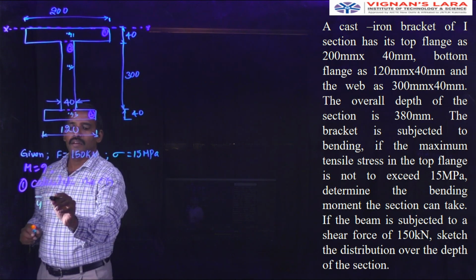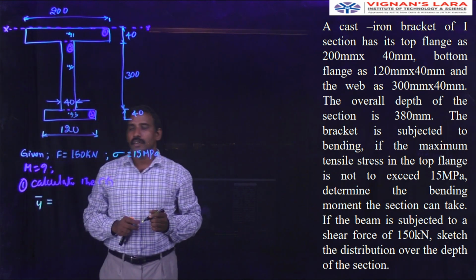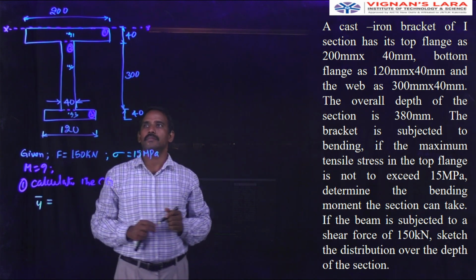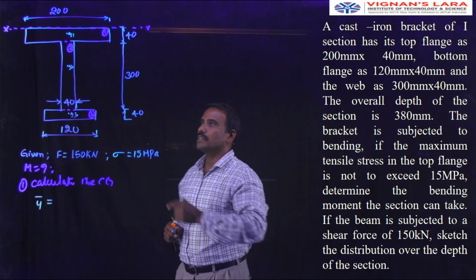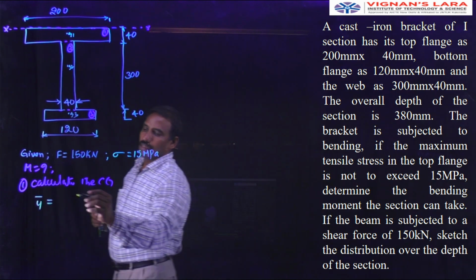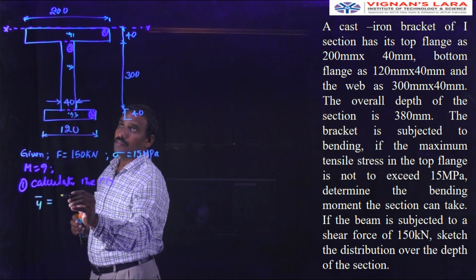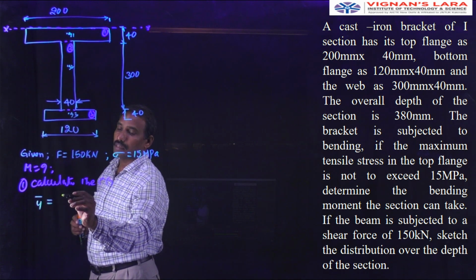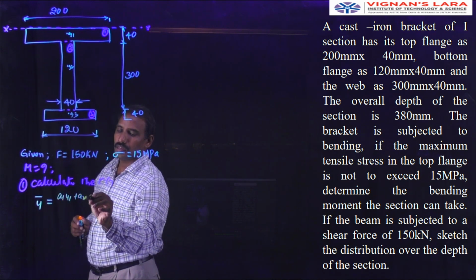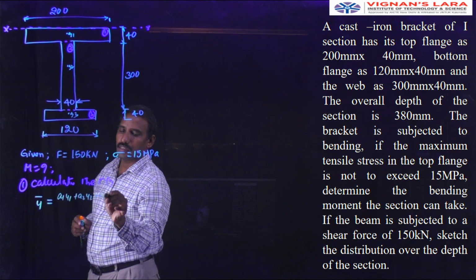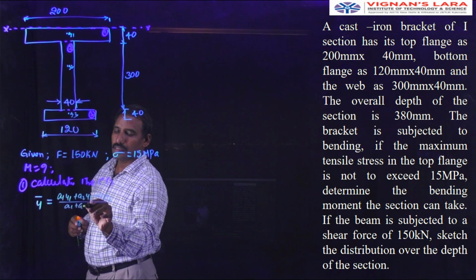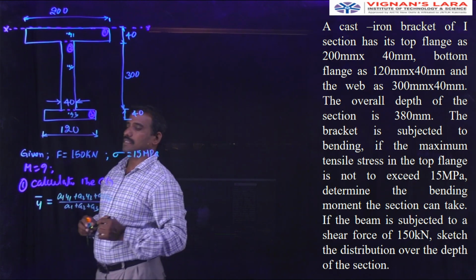For that, let us see, it is divided into three regular shapes. The centroid y bar, because it is symmetric about the y axis. Since it is symmetric about the y axis, the centroid lies on the y axis only. There is no x bar. Since it is divided into three regular shapes, it becomes a1 y1 plus a2 y2 plus a3 y3 by a1 plus a2 plus a3. This is the first step.